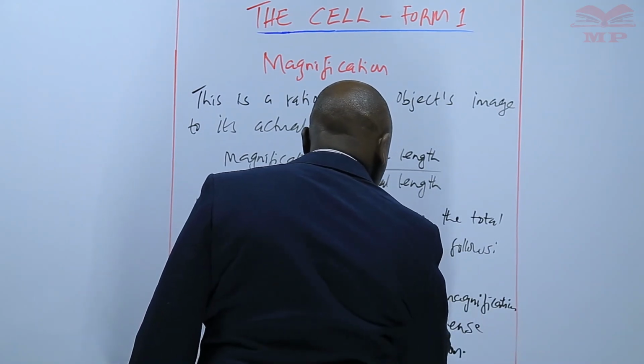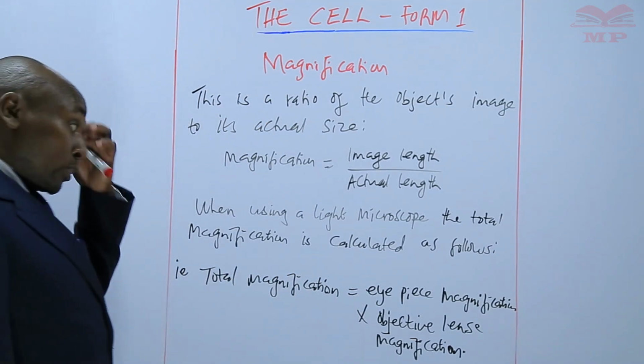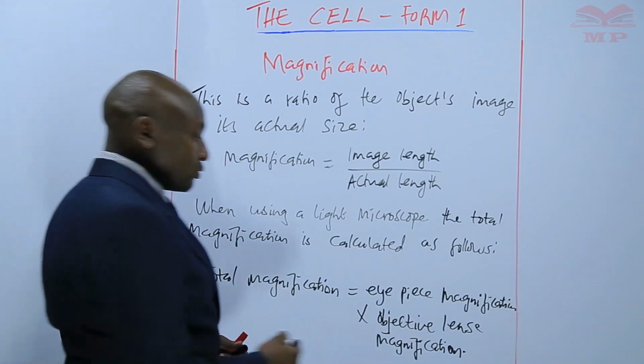And the reason we use this formula is because when we are using a light microscope, we use the eyepiece and the objective lens. Those are the two lenses that we use.